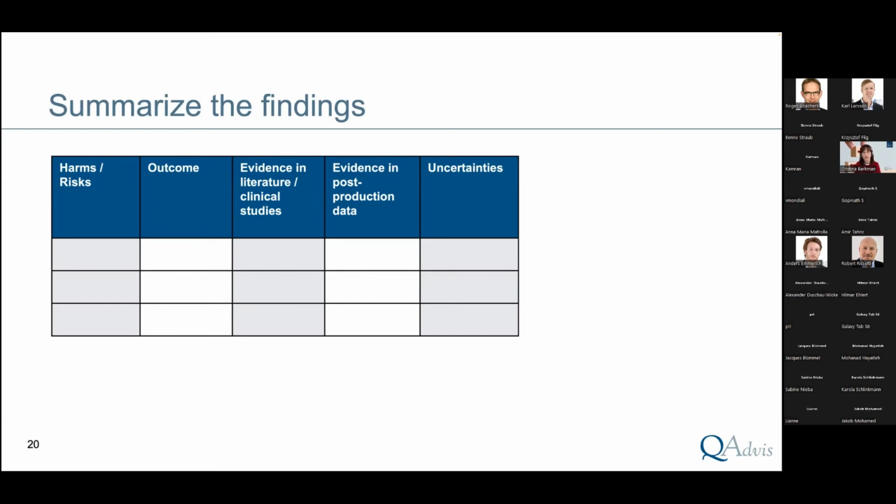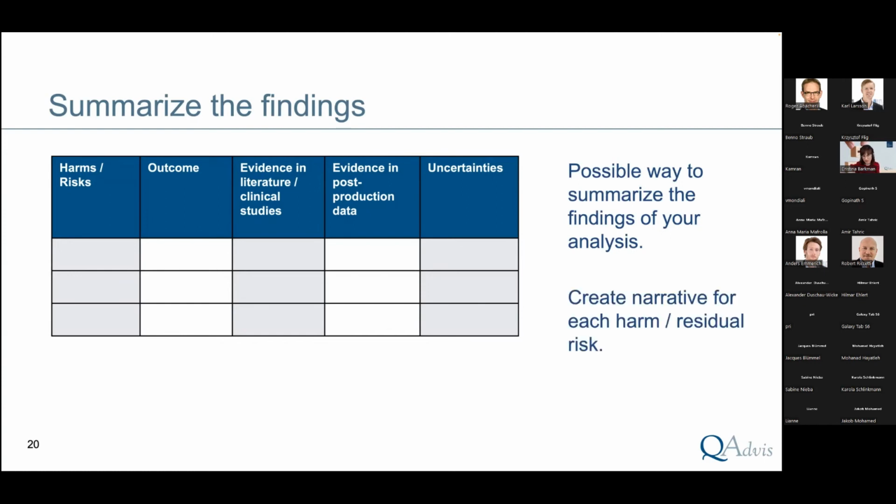And then, of course, evidence, references to evidence in the literature, clinical studies, as well as in post-production data, and make note of the uncertainties. So you will use this later on to do a narrative for each harm or residual risk. So if you look into the clinical effect, you should make a narrative for each of them.